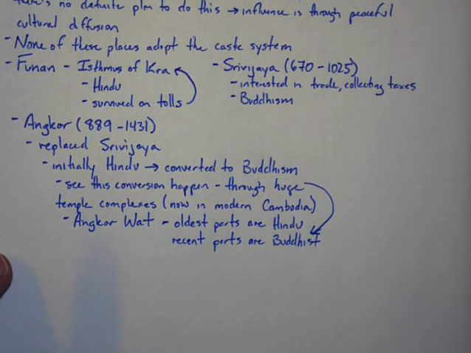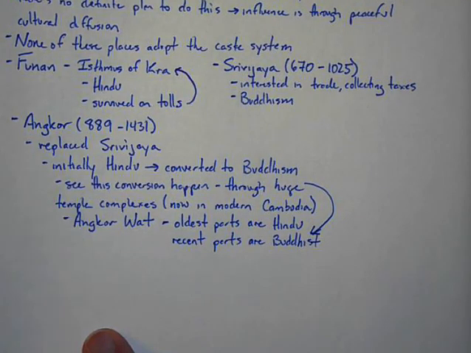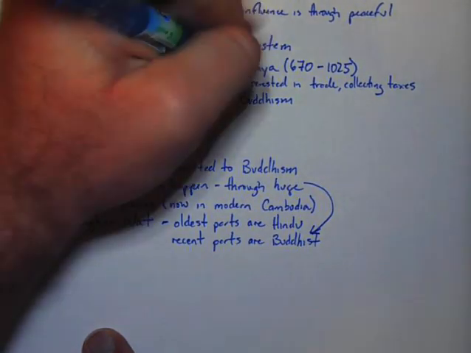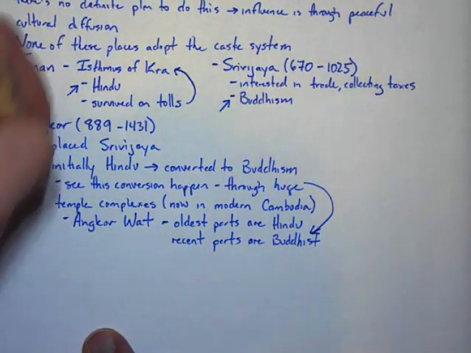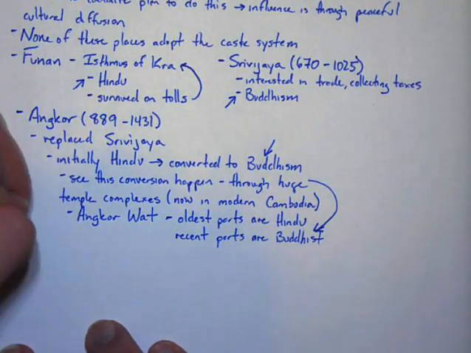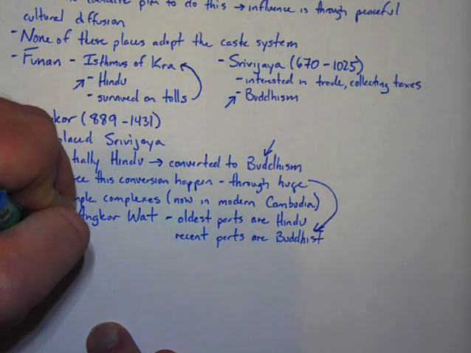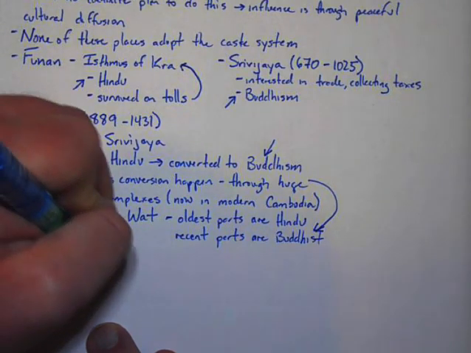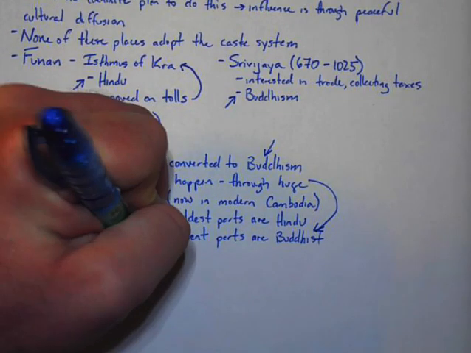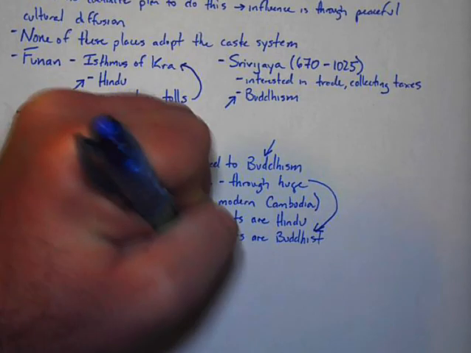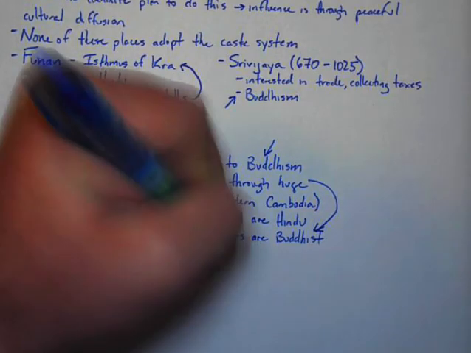Now, there's one more place that I want to bring up. So these places are older when it comes to being influenced by India because they are influenced by Hinduism and Buddhism. There were a few Islamic influenced states through India.